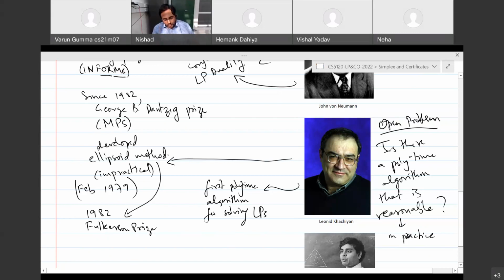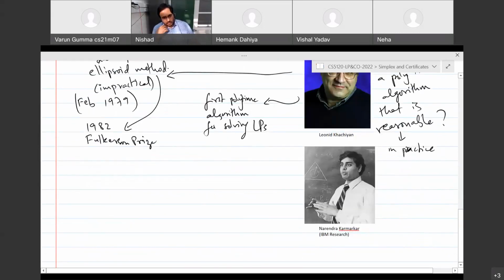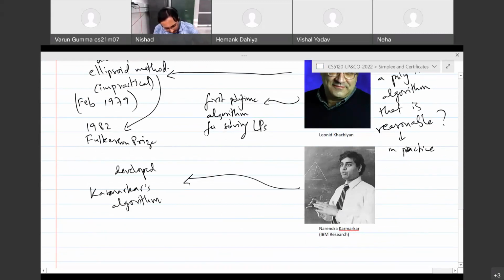And that brings us to Narendra Karmarkar, who developed what is widely known as Karmarkar's algorithm. Apparently it falls into a large group of algorithms called interior point algorithms.